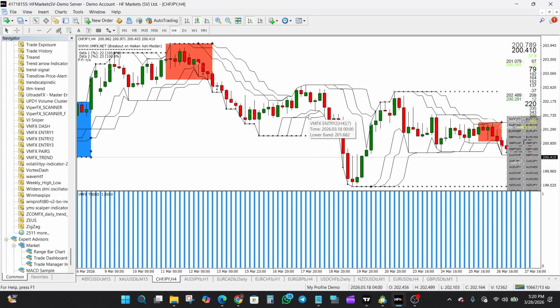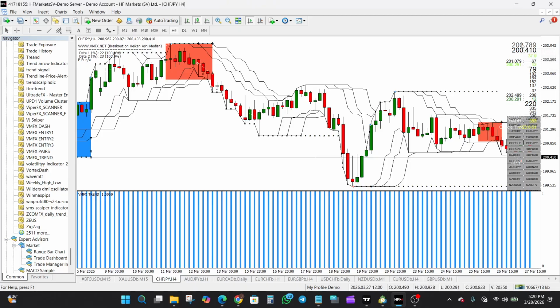These serve as dynamic support and resistance levels, and they are also used to identify potential entry points.